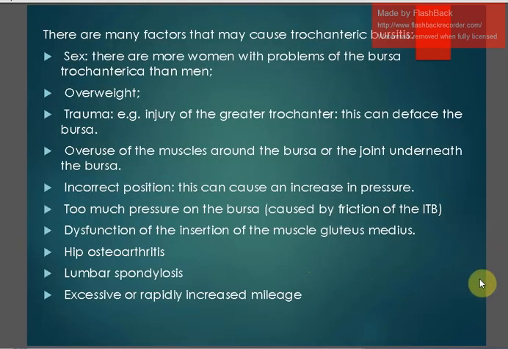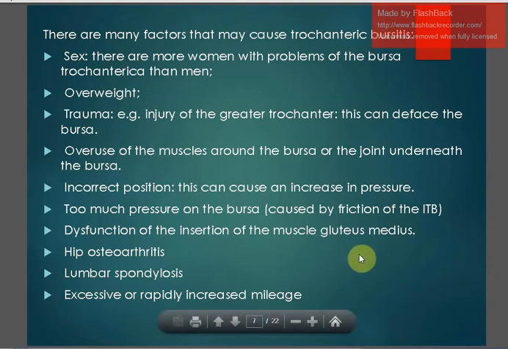There are many factors that may cause trochanteric bursitis. Comparing men and women, women are more commonly affected. Overweight is one of the causes. Trauma, for example injury of the greater trochanter, can affect the bursa. Overuse of the muscles around the bursa or the joint underneath the bursa. Incorrect position can cause increased pressure.